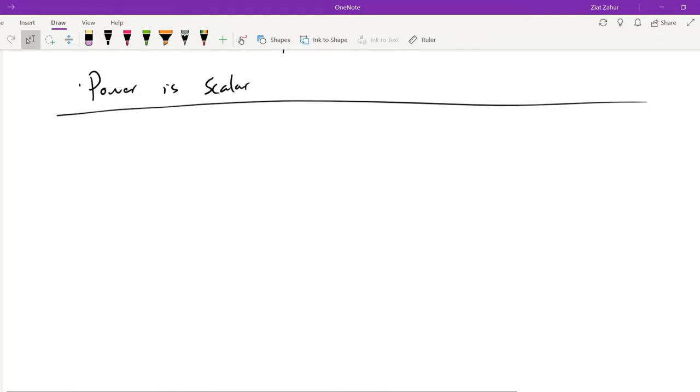Let's talk about momentum today, which is very important. If there is a topic that the College Board would like to choose, it's either rotational dynamics or momentum with a little bit of energy incorporated with it. Momentum, lowercase p, is a vector. It's equal to mass times velocity. What is momentum?